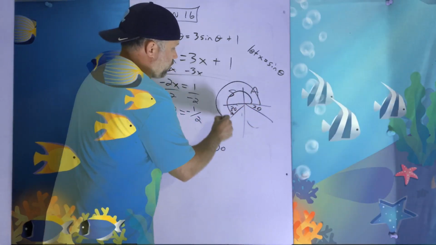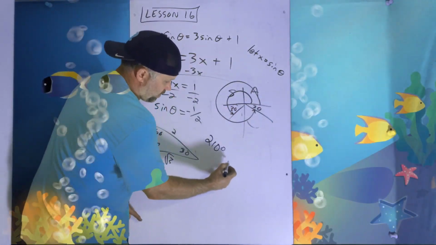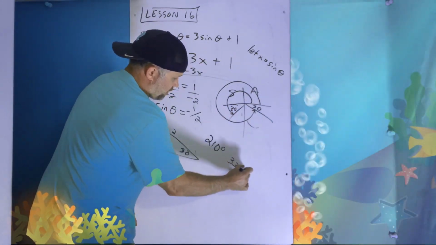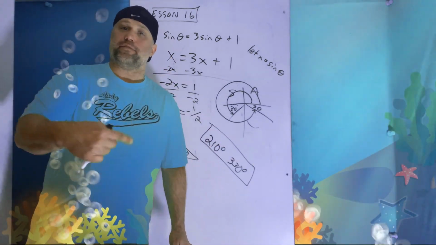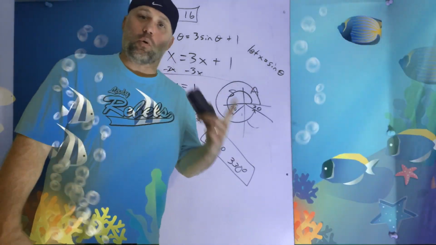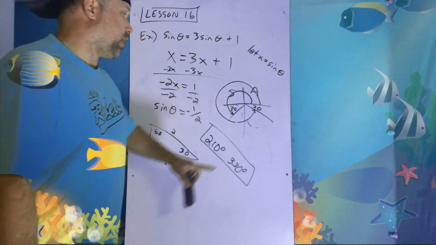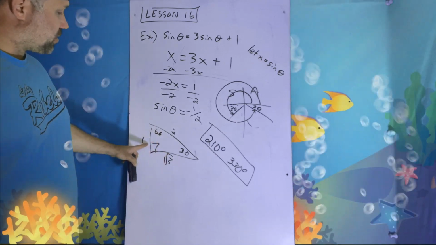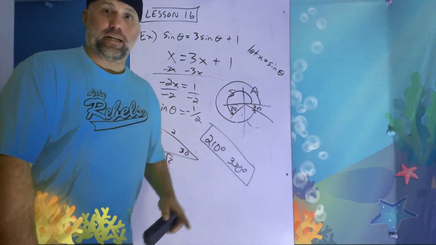This angle right here is going to be 360 minus 30, which is 330. There are our two answers, 210 and 330. That's because of the quadrants they're in. Again, sine was negative, so it went to these two quadrants. We established that we were dealing with 30, put 30 in as a reference angle, and found those two angles.